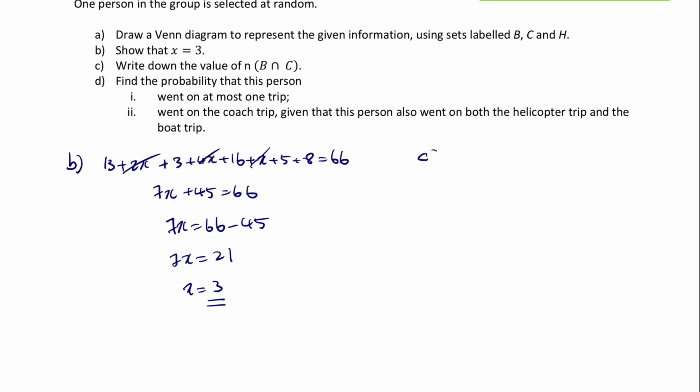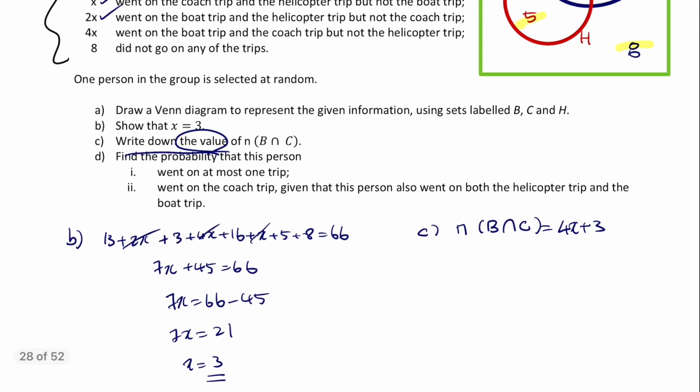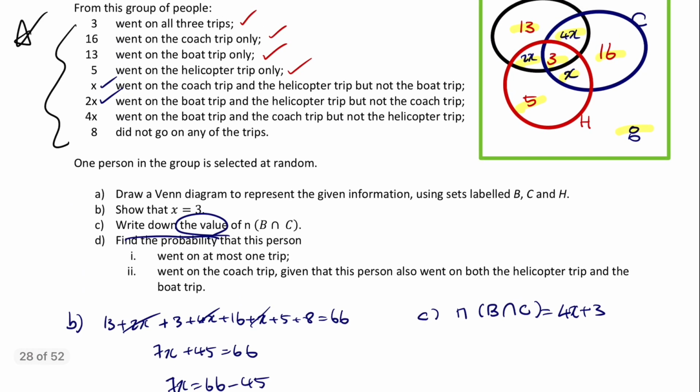Question C, we need to write down the value of n of B intersecting C, right? So n of B intersecting C is the same as 4x plus 3. The reason is we are trying to find the parts where B is intersecting C, so we are actually looking for this part here.